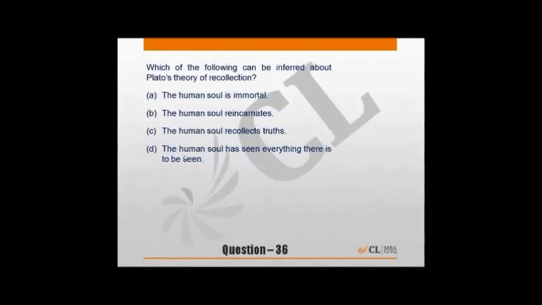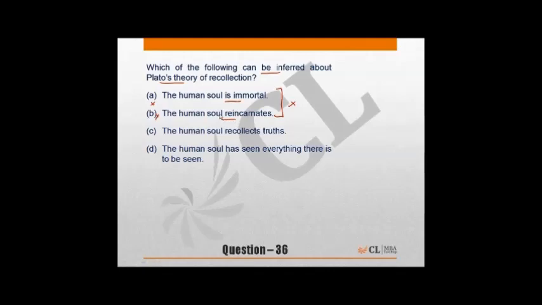Question 36. Which of the following can be inferred from Plato's theory of recollection? Now, in the paper, I could not solve this question. While I eliminated these two choices as incorrect, I was not sure whether B, C or D is the answer. The theory of recollection is not being used to prove that the human soul is immortal, nor can it be inferred on any of these.